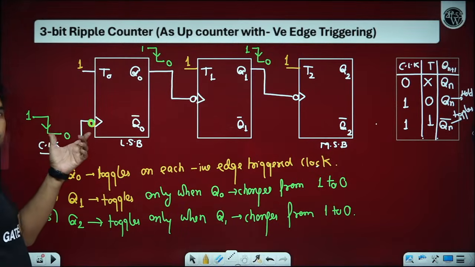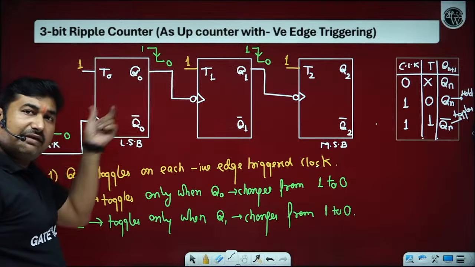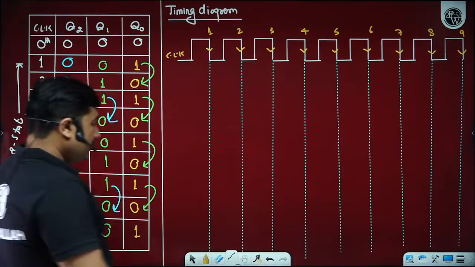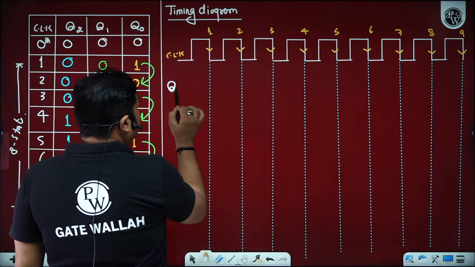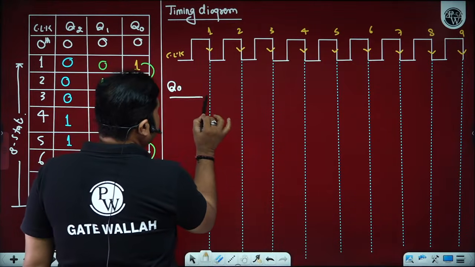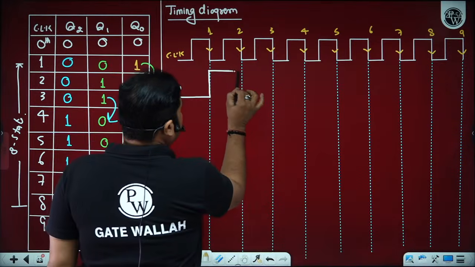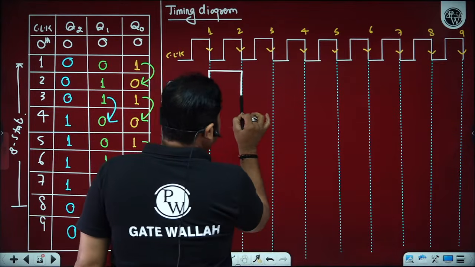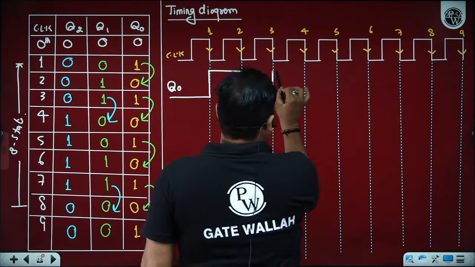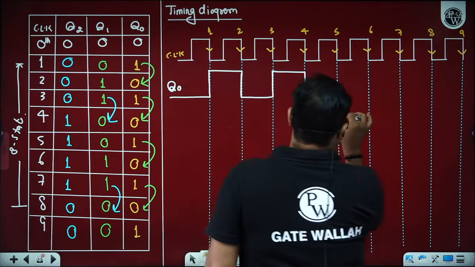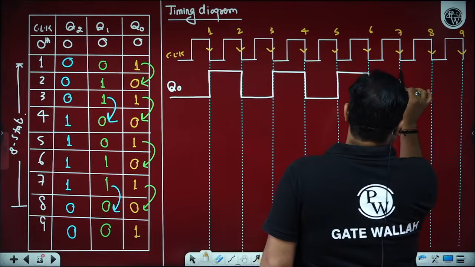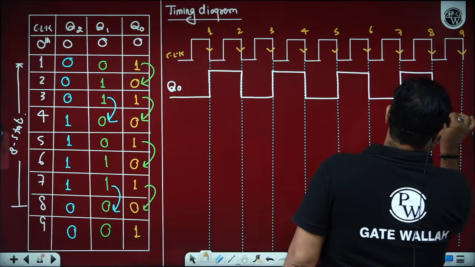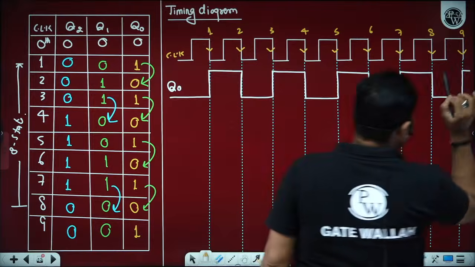So Q0 toggles on every negative edge triggered clock. If we draw for Q0, considering initially Q0 is 0, then Q0 toggles on every negative edge triggered clock. How many of you able to understand, beta ji? Hoping all of you able to understand up to this part.